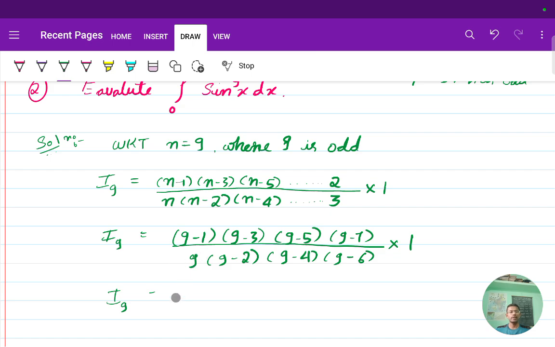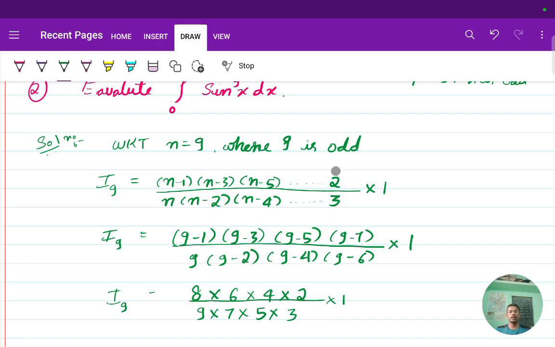What is 9 minus 1? 9 minus 1 is 8, into 9 minus 3 is 6, into 9 minus 5 is 4, and 9 minus 7 is 2, whole divided by 9 into 9 minus 2 is 7, 9 minus 4 is 5, 9 minus 6 is 3, into 1.